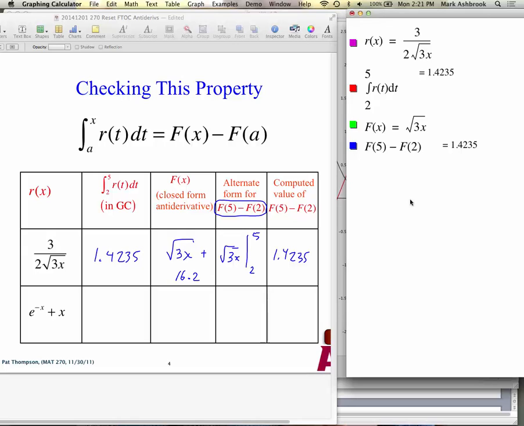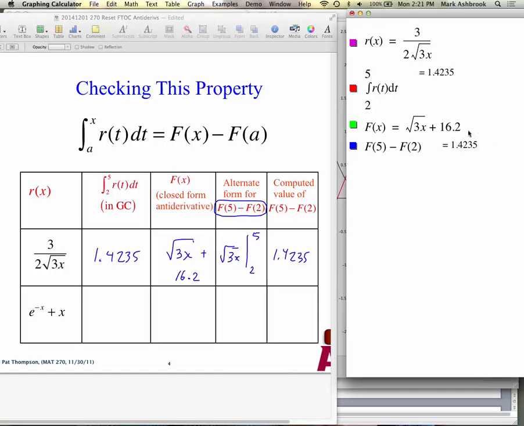And there it is. Okay, so if I come here and I add 16.2 to this f of x, how is it going to change f of 5 minus f of 2? Hey, notice, it didn't budge, right? Why? Because that capital F can be any antiderivative. Any antiderivative of r will give us the right net change.